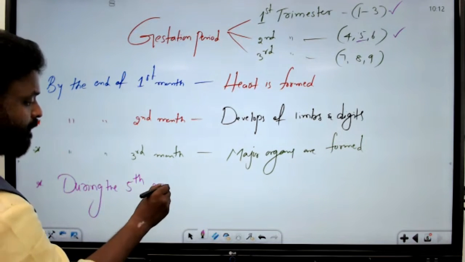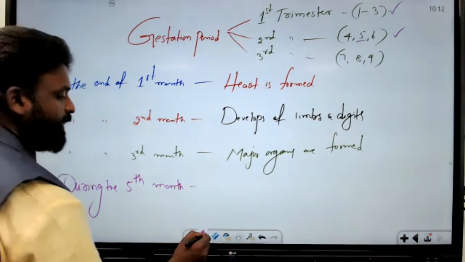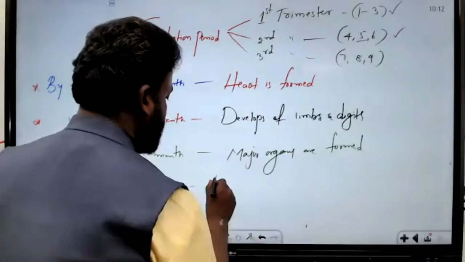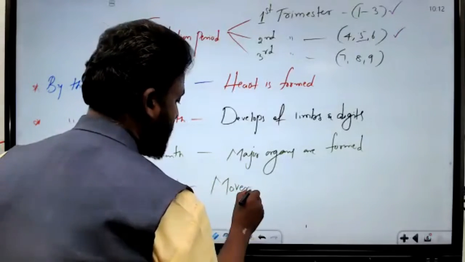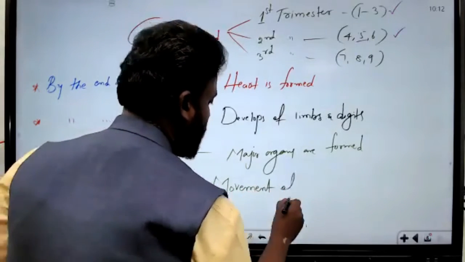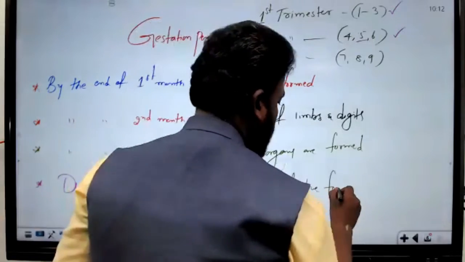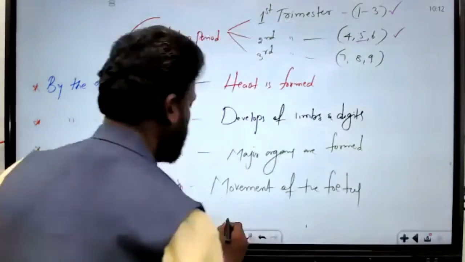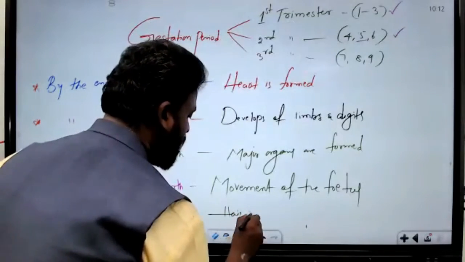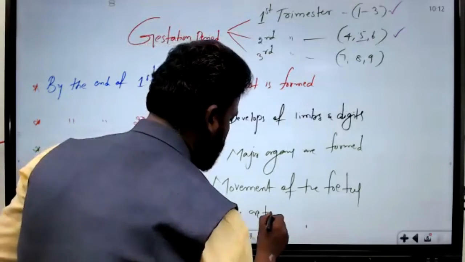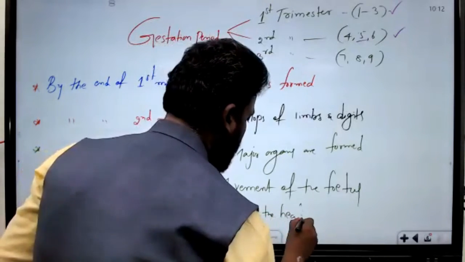During the 5th month, what can we observe? Movement of the fetus as well as hair on the head. That's it.